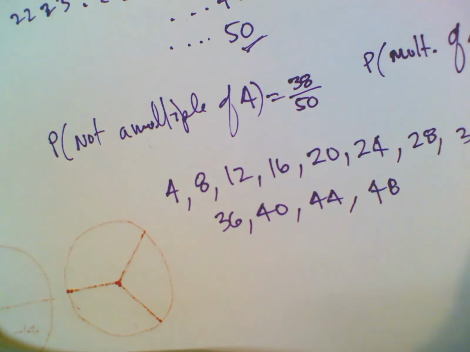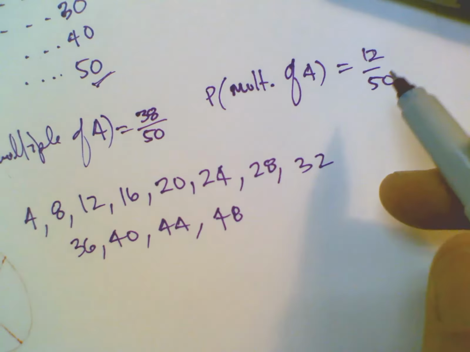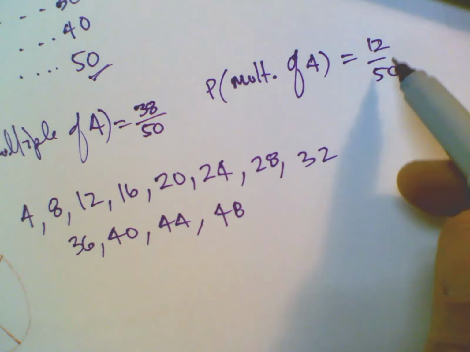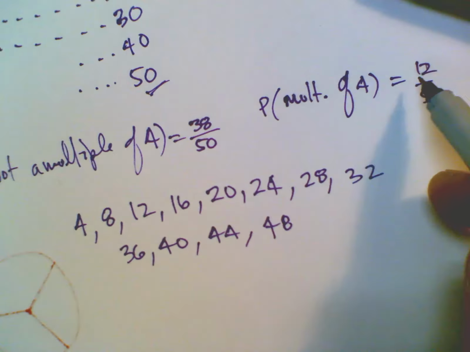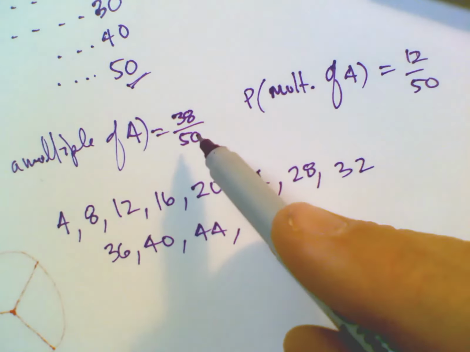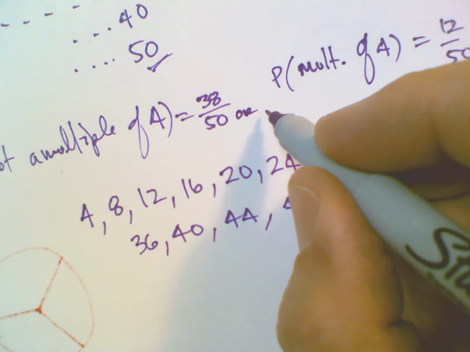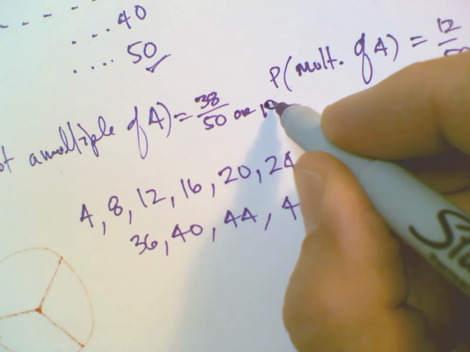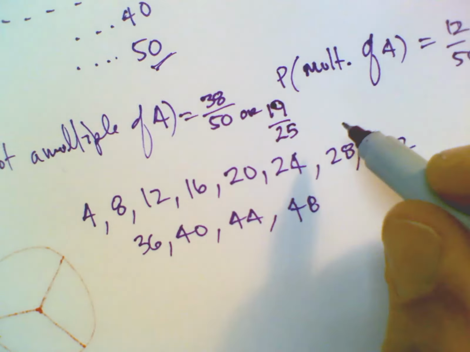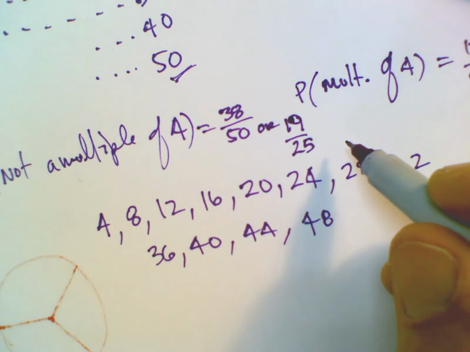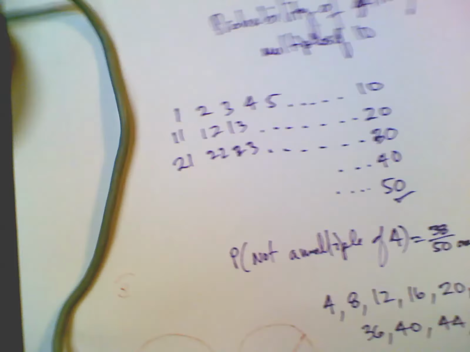So 38 out of 50 is the not multiples of 4, since 12 out of 50 is the multiples of 4. And if we simplify that, it divides by 2, top and bottom, and you can say 19 over 25 would be the other possible answer.